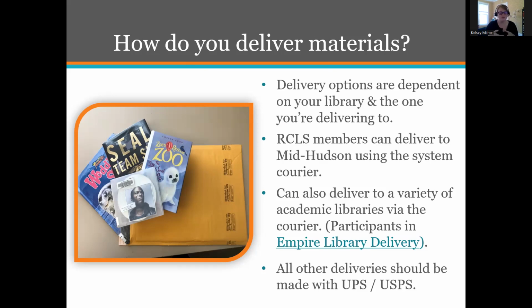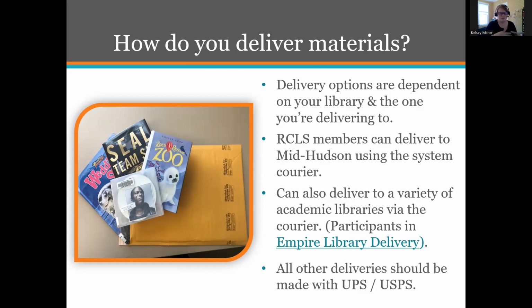You can also use your courier when mailing to libraries that participate in a service called Empire Library Delivery, or ELD for short. ELD is a statewide delivery service that's managed collectively by the 9 library resources councils. And RCLS participates in ELD along with a lot of the other academic libraries in SEAL. This includes the New York State Library, Vassar College, and SUNY New Paltz, just to name a few.